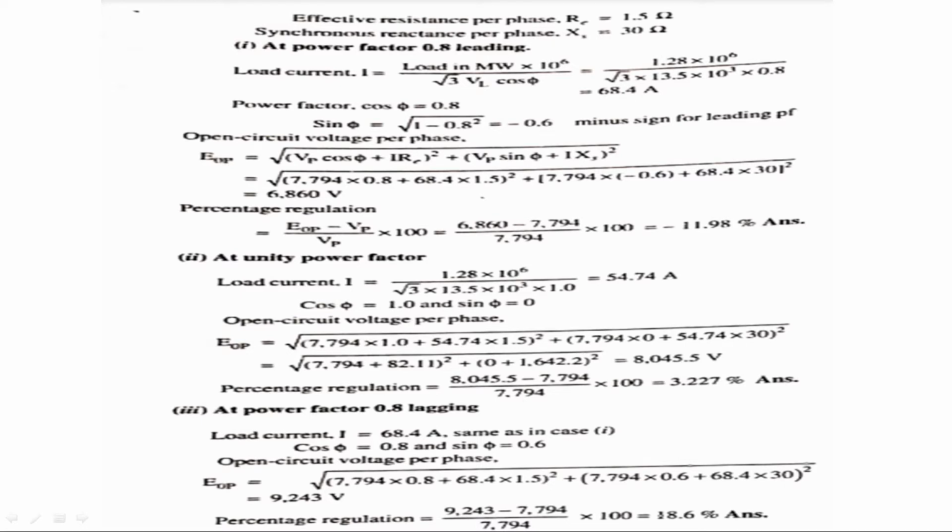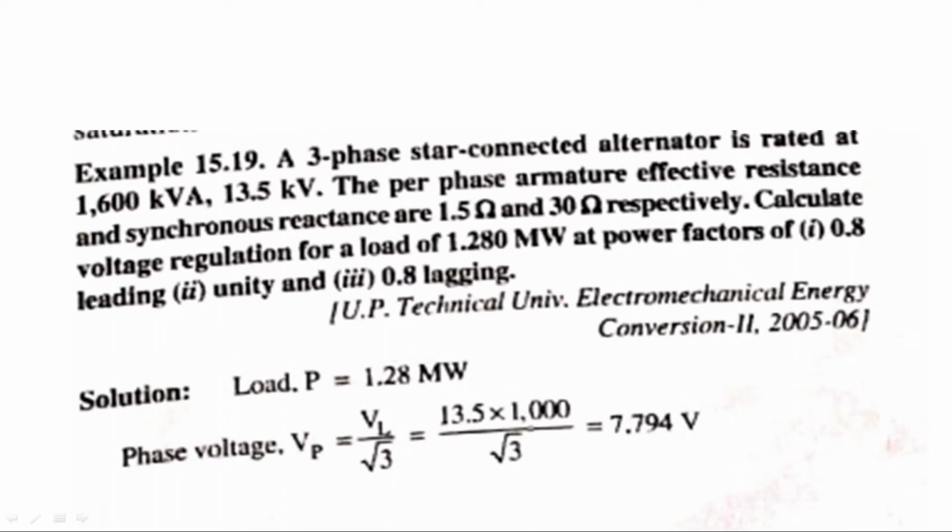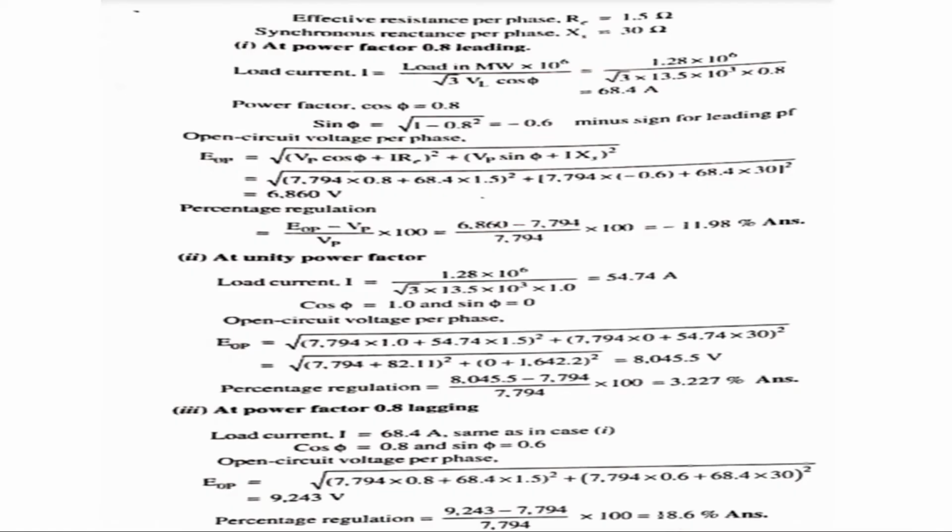So load is 1.28 into 10 power 6 divided by root 3 into VL, given as 13.5 into 10 power 3, into cos phi, which is 0.8. Power factor is nothing but cos phi.